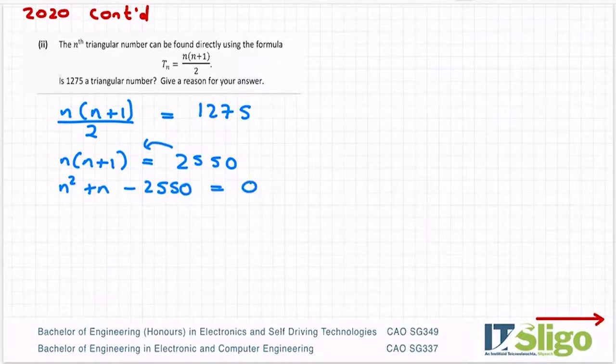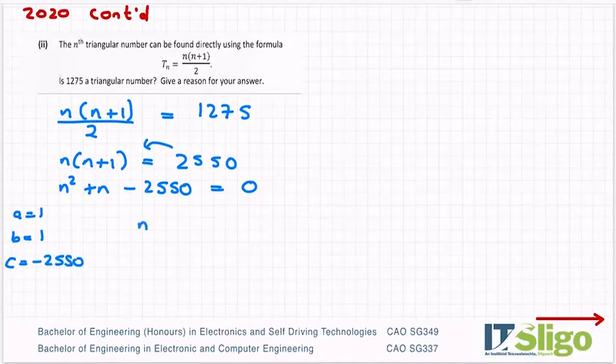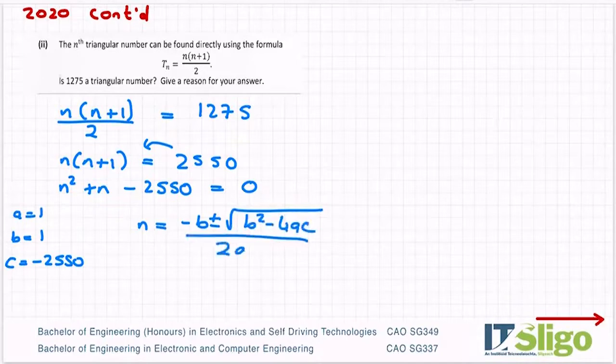Okay, so I'm going to use the minus b formula. A is equal to 1, b is equal to 1, c is equal to minus 2550. Okay, so x, or n in this case, because n is the letter in the question, n is equal to minus b plus or minus the square root of b squared minus 4ac all over 2a.